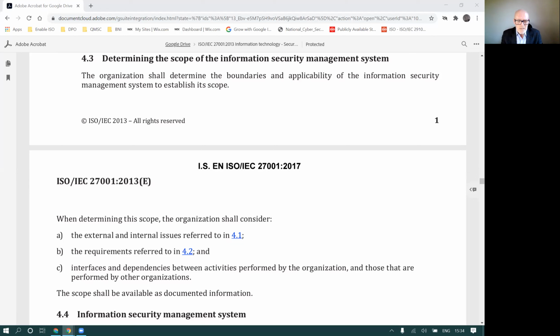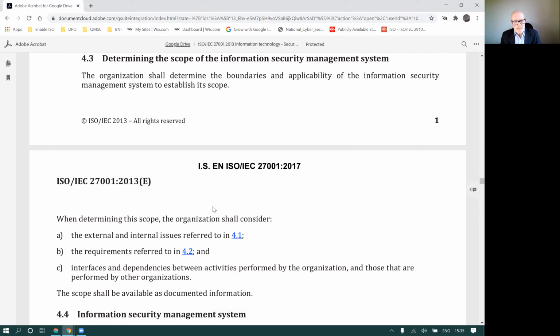The only real difference that we need to look at in this particular clip relevant to information security and ISO 27001 is at point C. So just following the cursor, this particular sentence here is important because in ISO 9001, this particular point spoke to the requirement to consider products and services being offered by the organization as part of the scope.